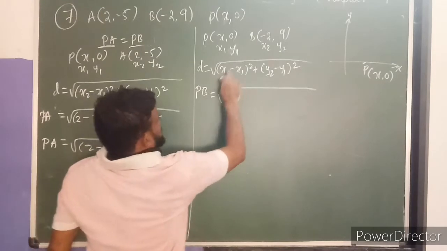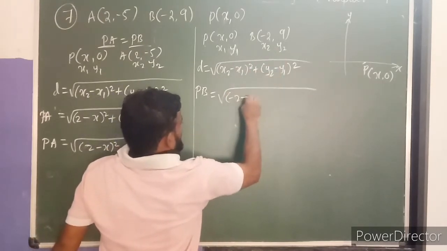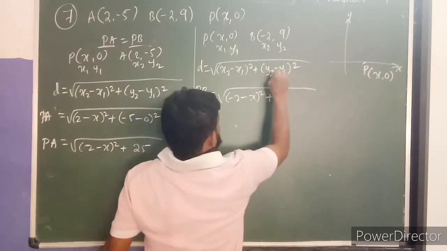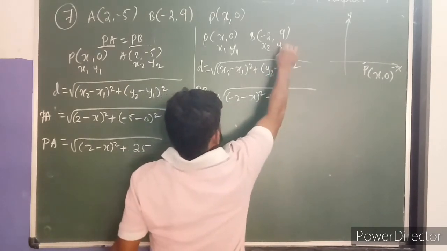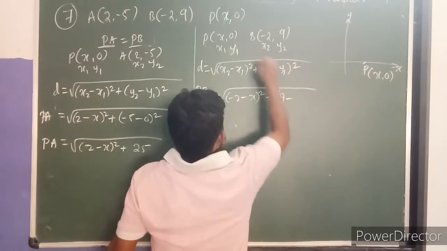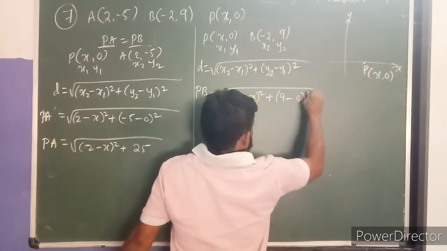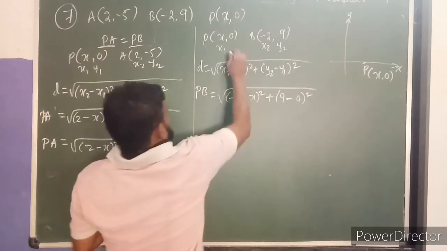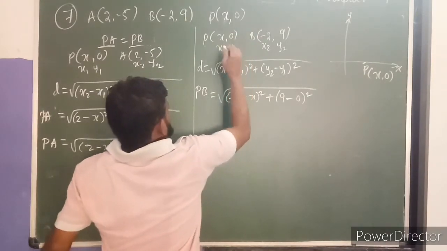Now x2 is minus 2 minus x1, that is x, whole square plus y2. What is y2? y2 is 9 minus y1, that is 0, whole square. Right? This is y1. This is x1.